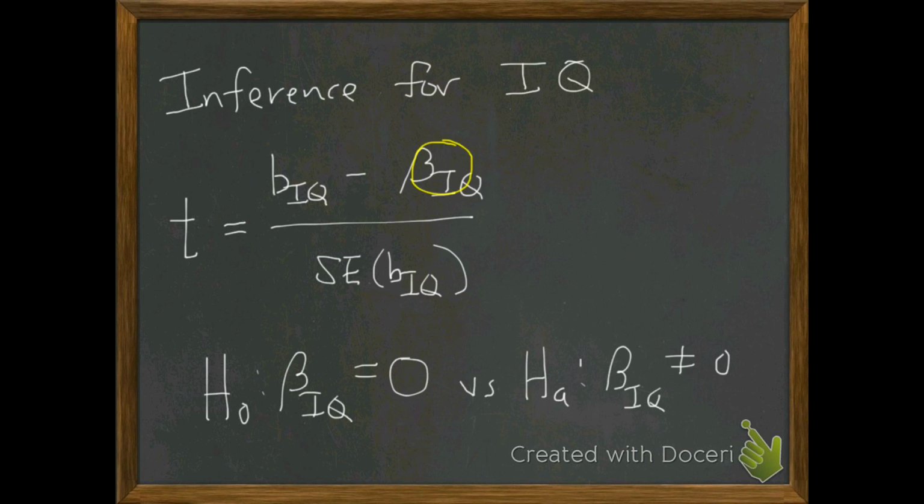So ultimately, guys, what we're going to have is our coefficient estimate, B for IQ, over the standard error for beta IQ. Well, keep a running total here. We can go back to R.